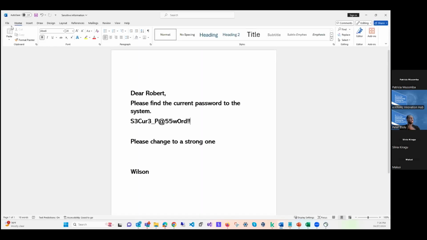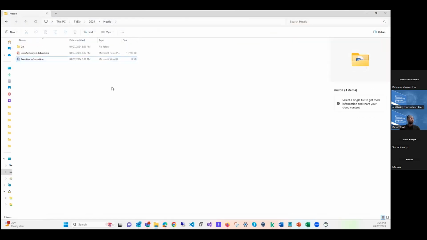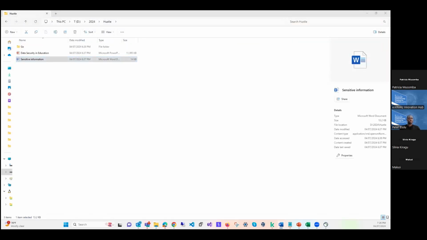So when Wilson saves his document and sends it to Robert, on accessing this document, Robert will be asked for the password. Wilson sends the document to Robert by email, and then sends the password on a different channel, maybe SMS.